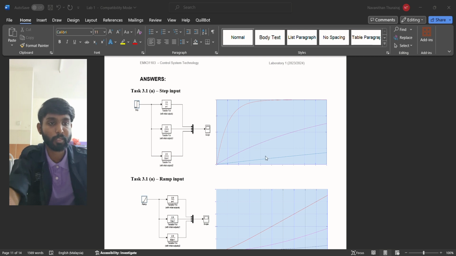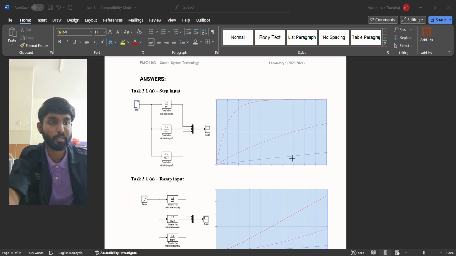So we need 3 of them. Then we'll be going for this, this, and this.